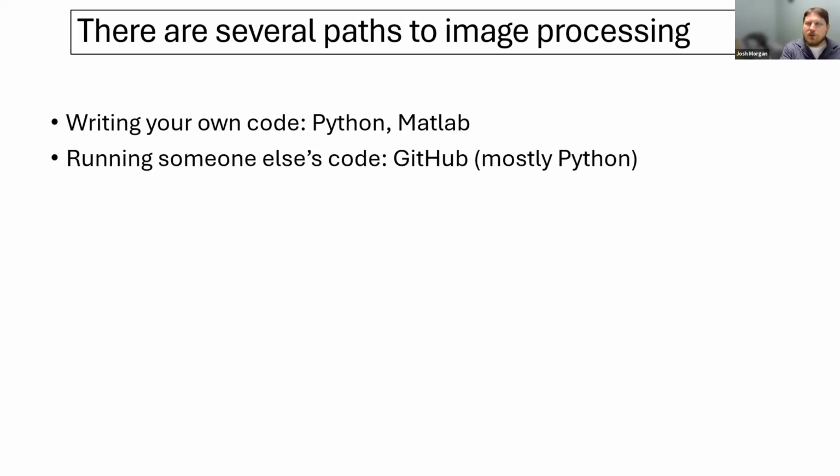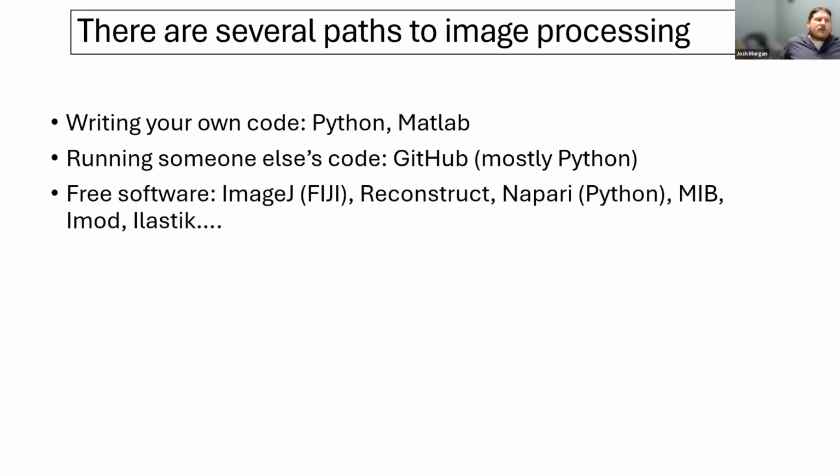There's running someone else's code, which is worth figuring out if you can get a little bit of Python expertise. A huge amount of useful code is available in GitHub. The standard now, even if I'm publishing a paper that's not a techniques paper, that's just a biology paper, we put the code up in GitHub and make it available to people. So that's an amazing resource that's getting better.